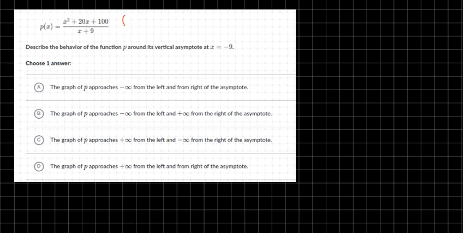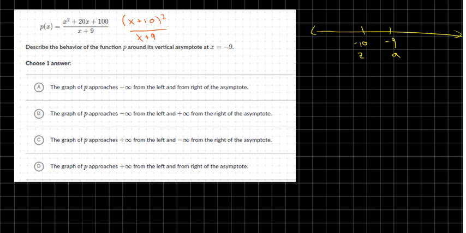So here I've got x plus 10 squared over x plus 9. So I've got a negative 9, and I've got a negative 10, and this is my 0, and this is my asymptote.